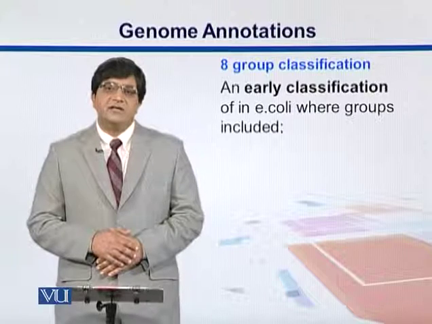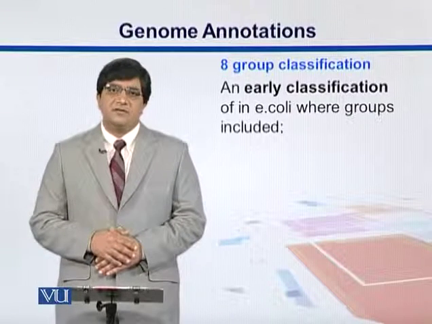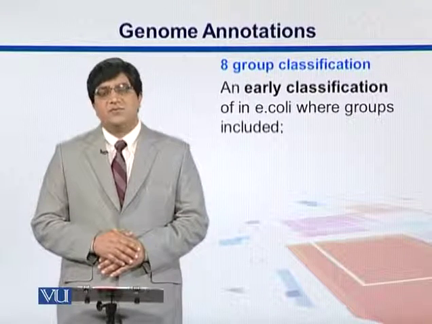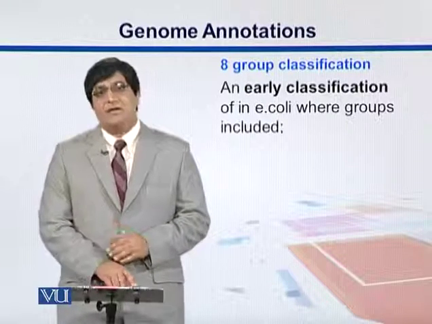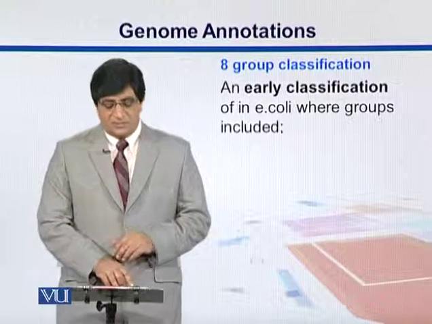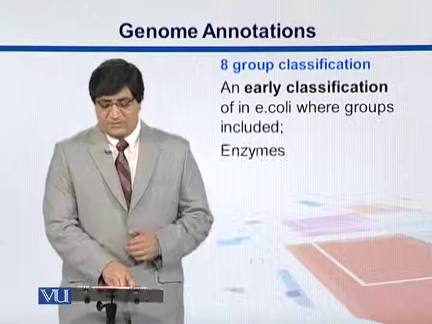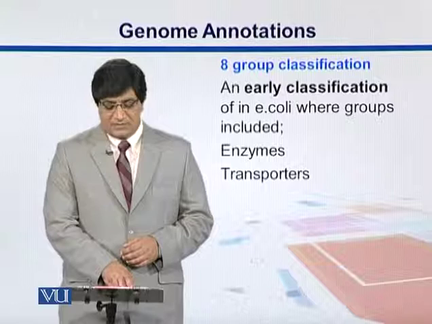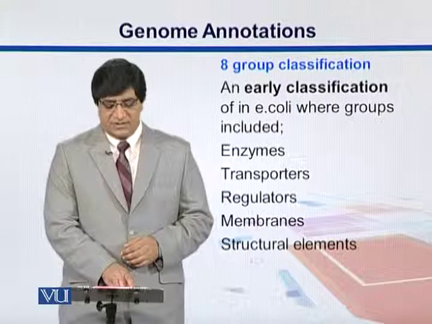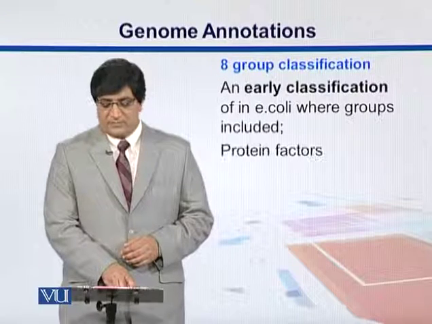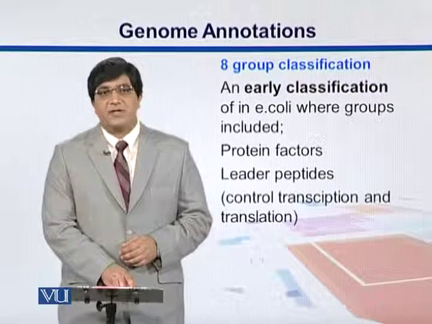There are different classification schemes which are there for this functional classification. So one of them was actually this 8-group classification. So that is to classify the genes and their products into one of these groups, which were like enzymes, transporters, regulators, membranes, structural elements, protein factors, leader peptides.